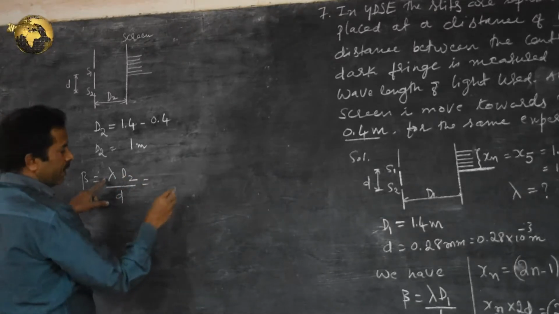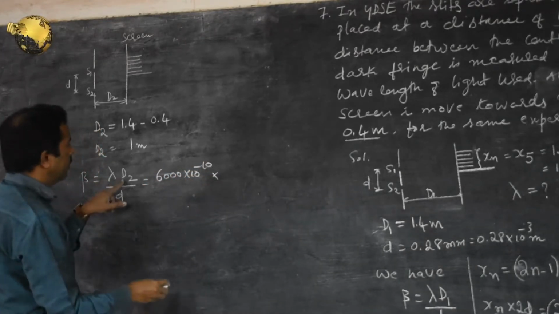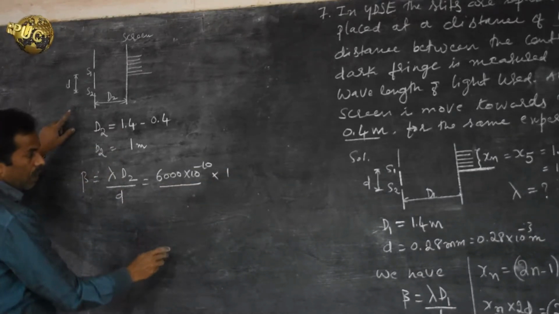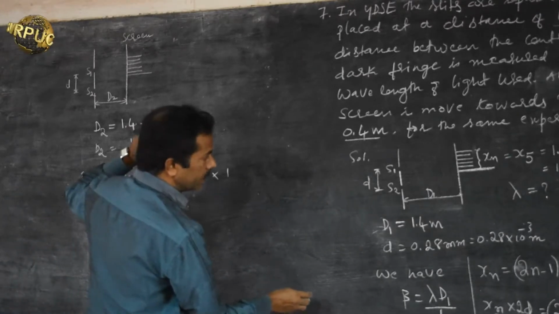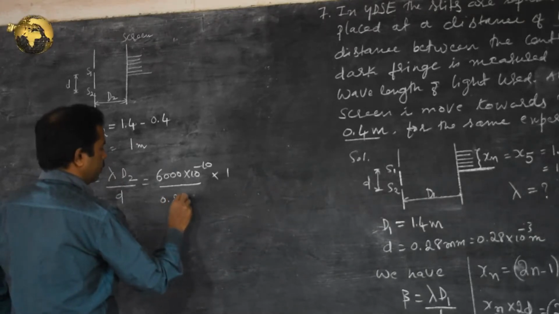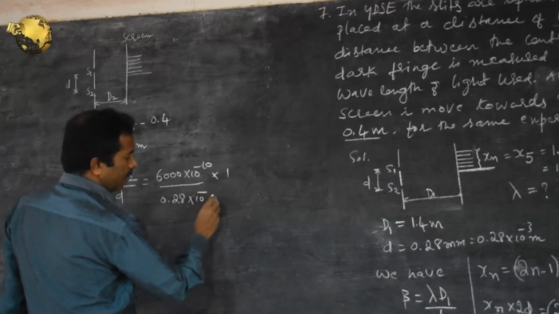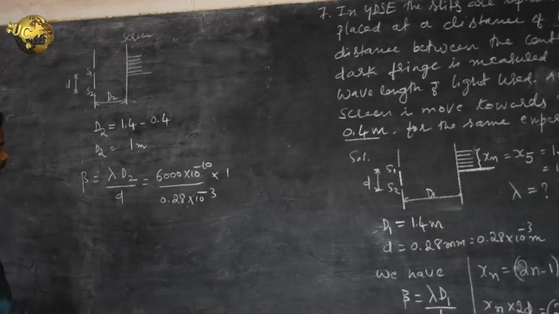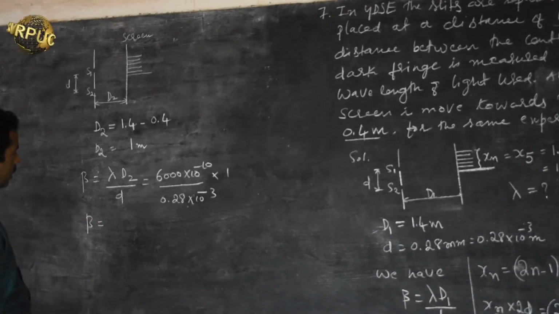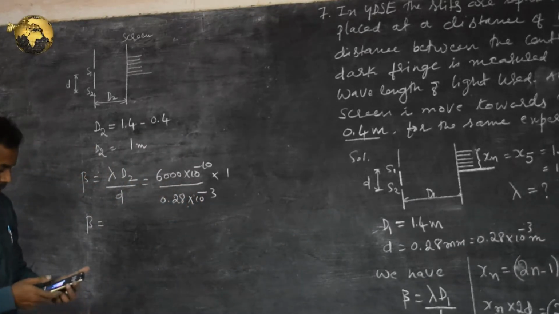The value of lambda is 6000 angstrom, into D2 value is 1 meter, divided by small d value, which is 0.28 into 10 to the power minus 3 meter. Let us calculate the beta value.